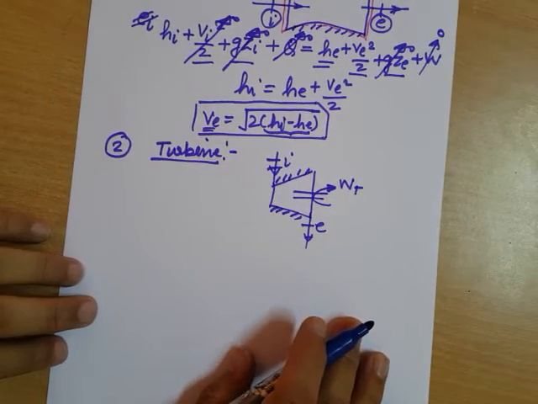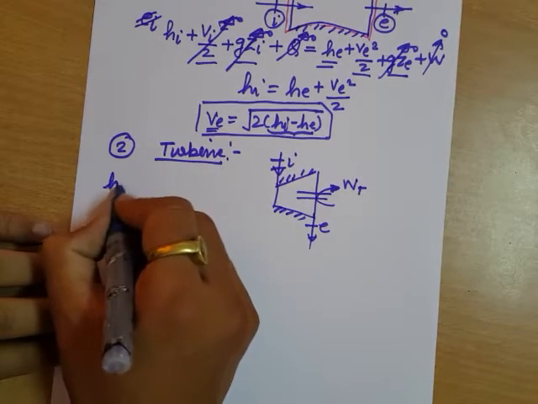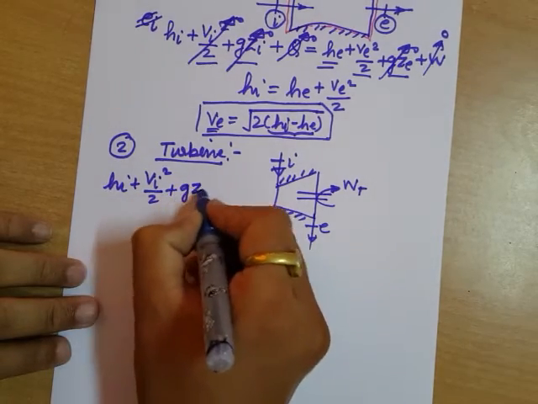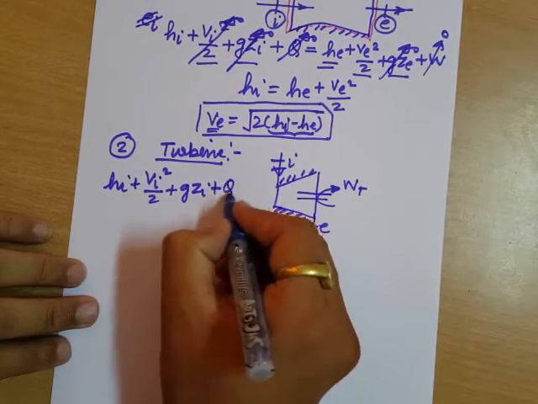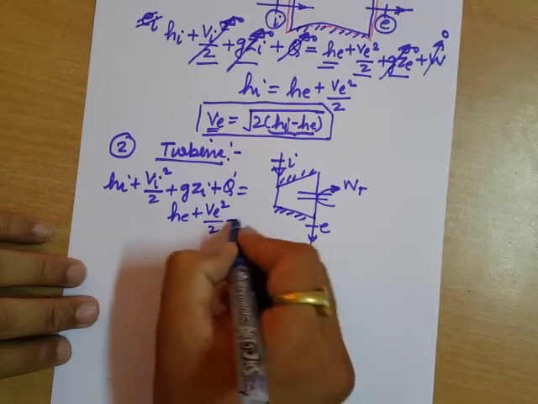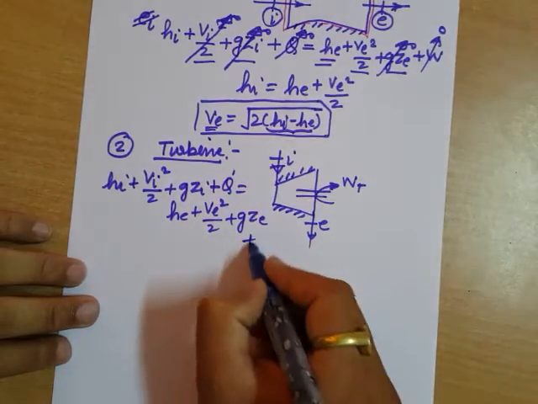So writing my SFEE on a per unit mass basis again and expanding it, you can write hi plus Vi square by 2 plus g zi plus Q dot is equal to he plus Ve square by 2 plus g ze plus WT.